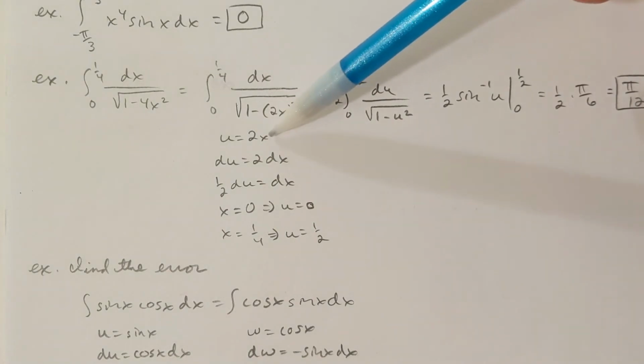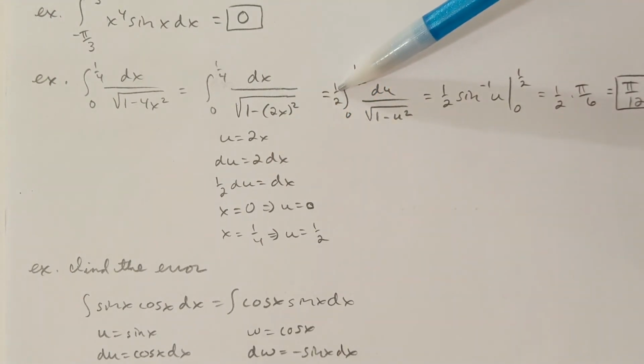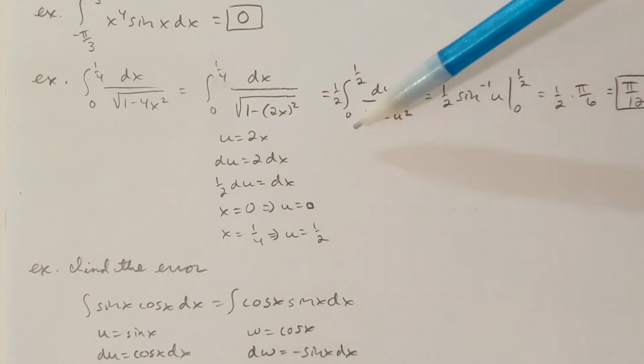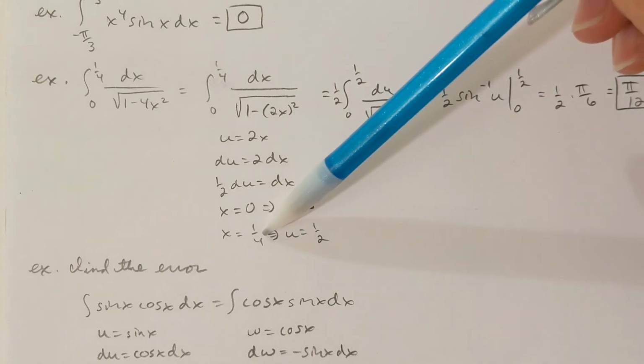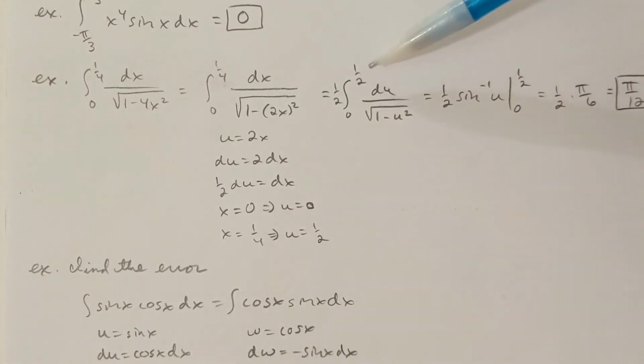So now if I let u be 2x, du would be 2 dx, a 1/2 would come out of my new integral involving u, and when I change the bounds, if x is 0, u would be 0. If x is 1/4, 2 times 1/4 is 1/2.